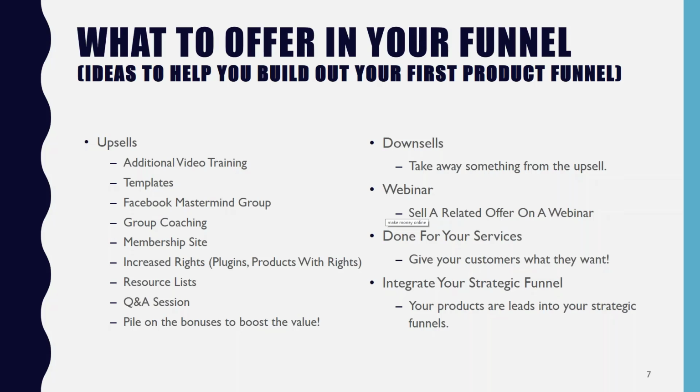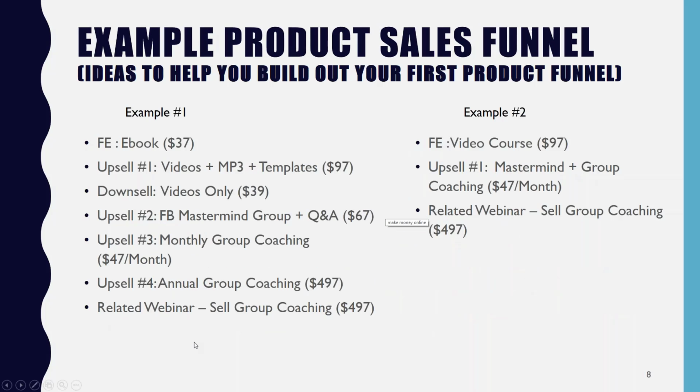You can offer downsells, which allows you to basically take away something from the upsell, and then you call that a downsell. You can do webinars. You can do done-for-you services to really give your customers more value. Integrate your strategic funnel, so your products lead into your strategic funnel. So these are all things that you can do.